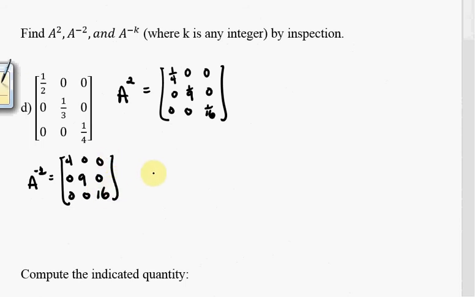So with that information, what would be the inverse of A to the k, or A to the negative k? What form could you write for that? That's true. But I need some terms inside.